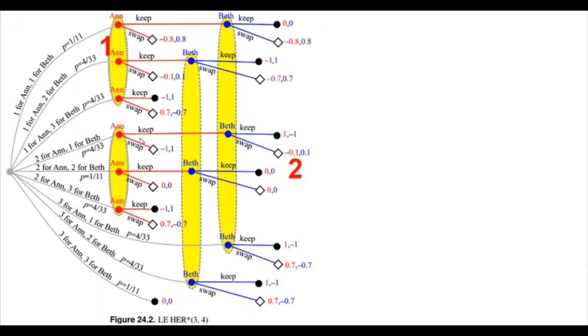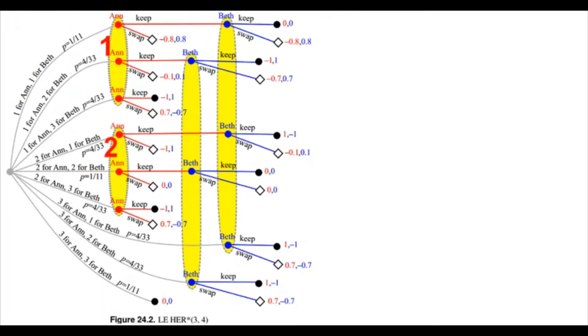Red 1 means n has a card of level 1. A red 2 means n has a card of level 2. And if n has a card of level 3, of course, she will keep. So there's no reason to make a decision. So this is excluded here already.